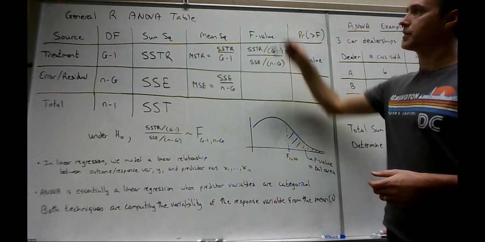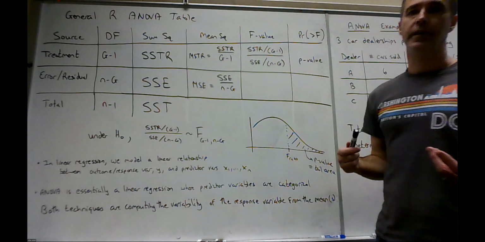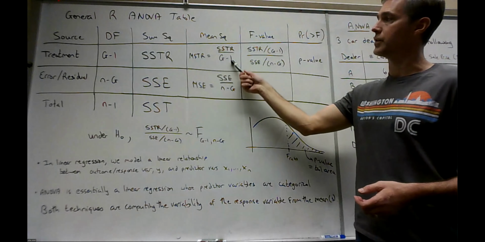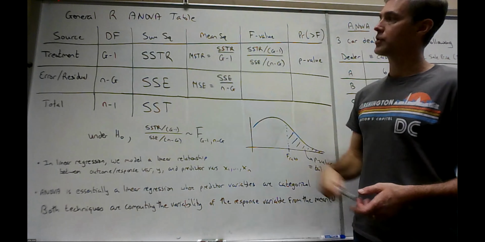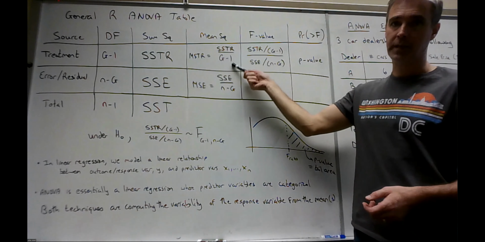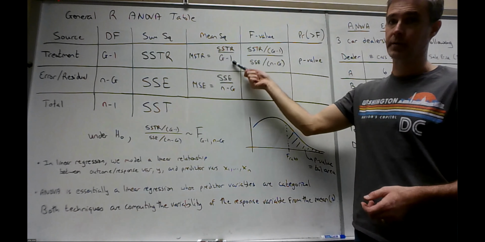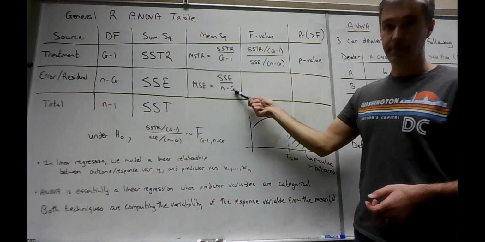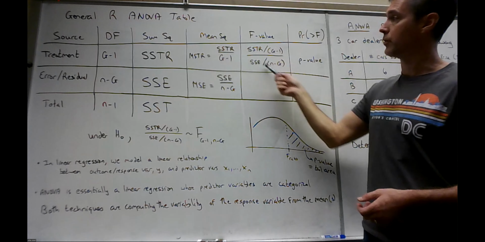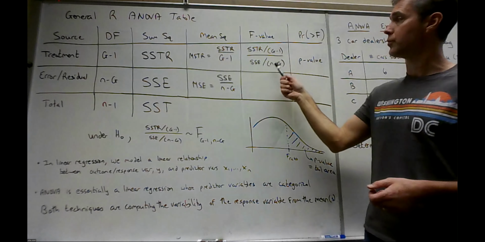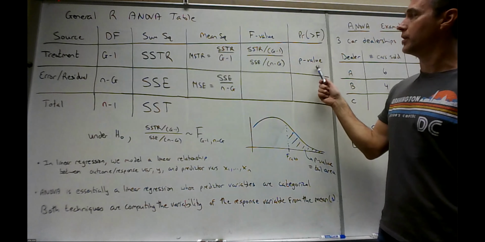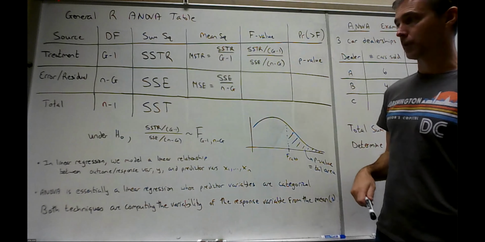This next column tells us the F value, and the derivation from the last video says I'm going to take this fraction divided by that fraction. This is my possibly biased estimator of sigma squared divided by my unbiased estimator of sigma squared. So we're going to create that F ratio, which is right there. And then this probability is giving me the p-value, okay?